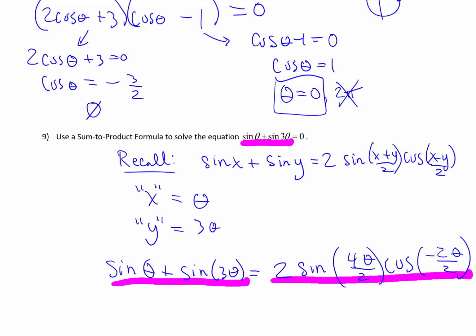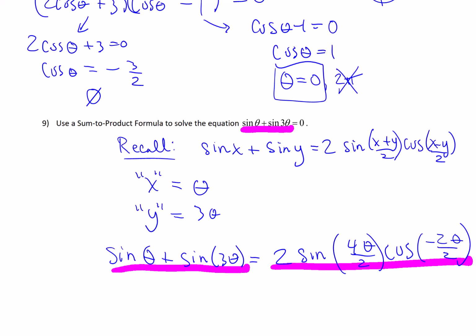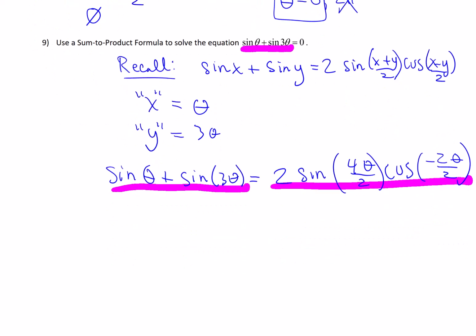So we're going to simplify that, but I don't want to get lost from the fact that we really do have all of this equal to 0. So I'm going to recopy this and do just that. I'll say 2 sine of, we have 4 theta over 2, also known as 2 theta, times the cosine of negative 2 theta over 2, or in other words, just negative theta, and that's equal to 0.